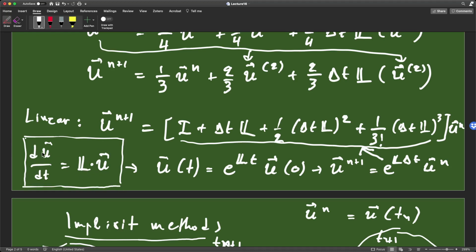So we can replace the d by dt operator with the L operator, simply because this is the differential equation we're solving. And if this was a nonlinear equation, then we could again replace du by dt by L of u, and so on. So let's do that here.